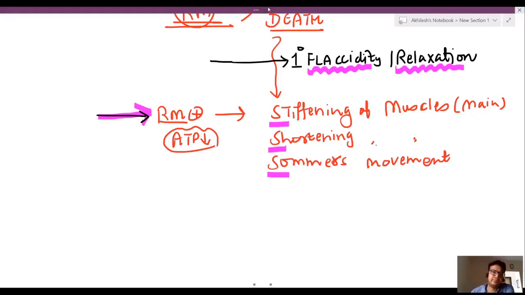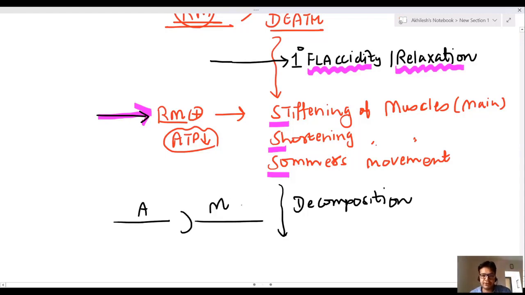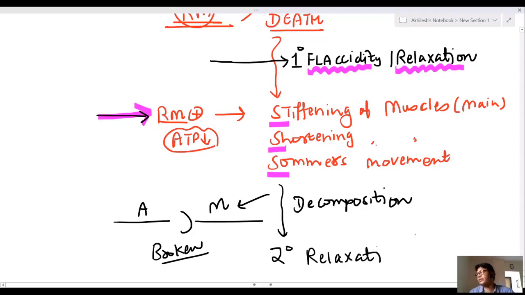Now what will happen? See, now decomposition starts. In decomposition, the muscle actin and myosin filaments are broken. So again the muscle goes into the secondary relaxation phase. This is the third stage.